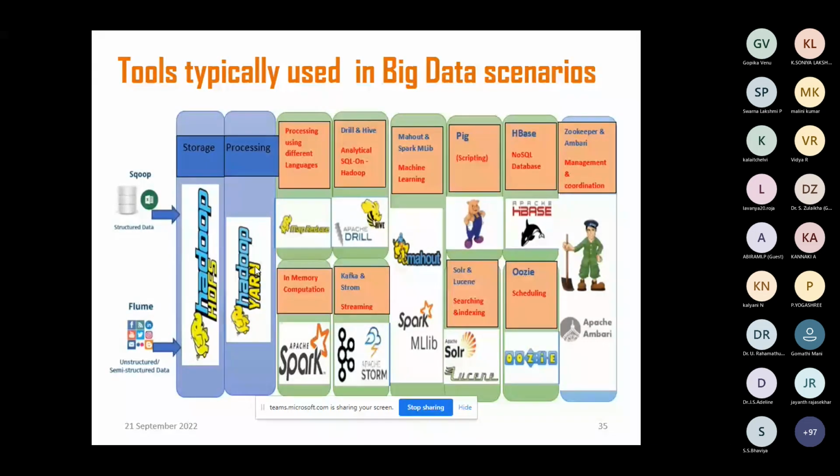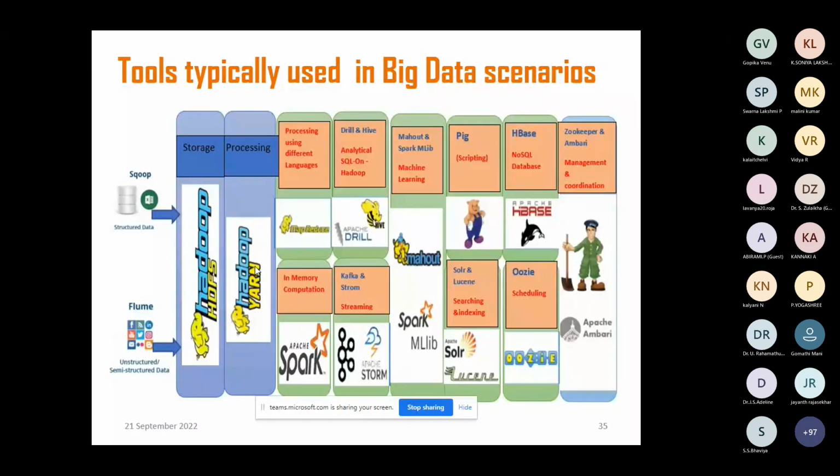For handling unstructured data, you can very well use this NoSQL database. And of course, in this Hadoop ecosystem, Ambari and Zookeeper are being used, because it runs on a cluster and you do require a facility to manage and coordinate this. For that purpose, these tools are being used.